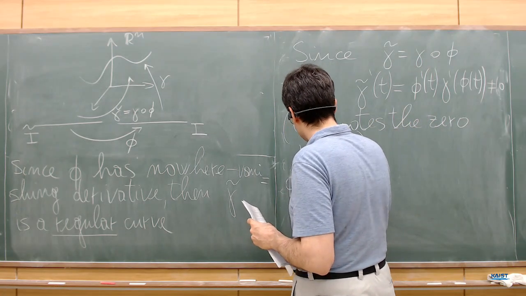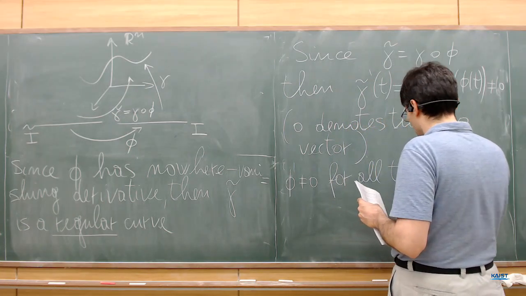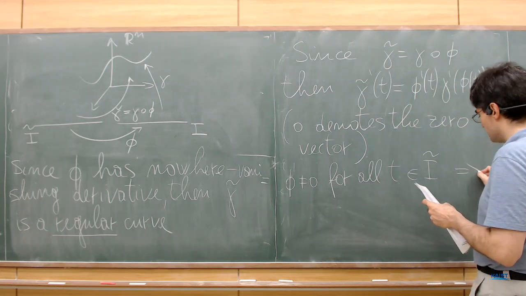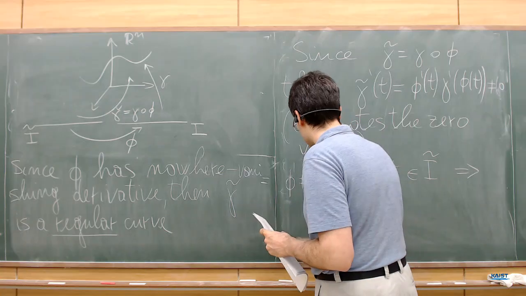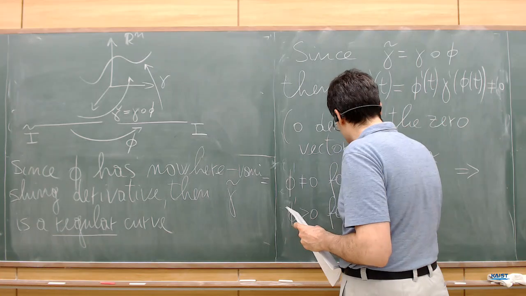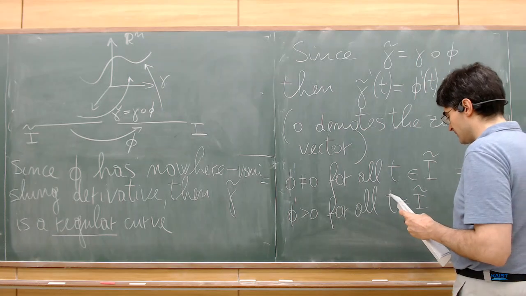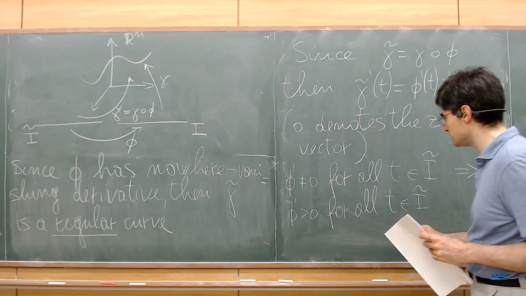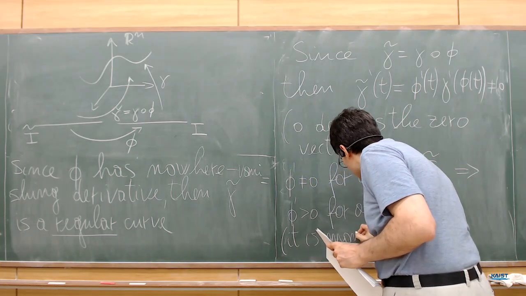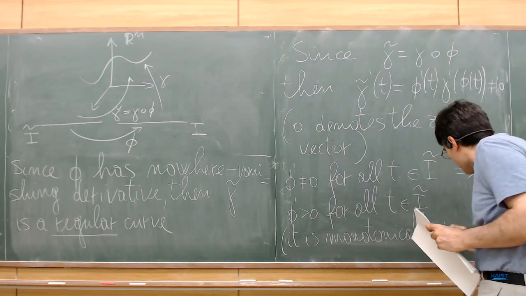Phi prime different from 0 for all t in the interval implies phi prime positive for all t, and this means it is monotonically increasing.